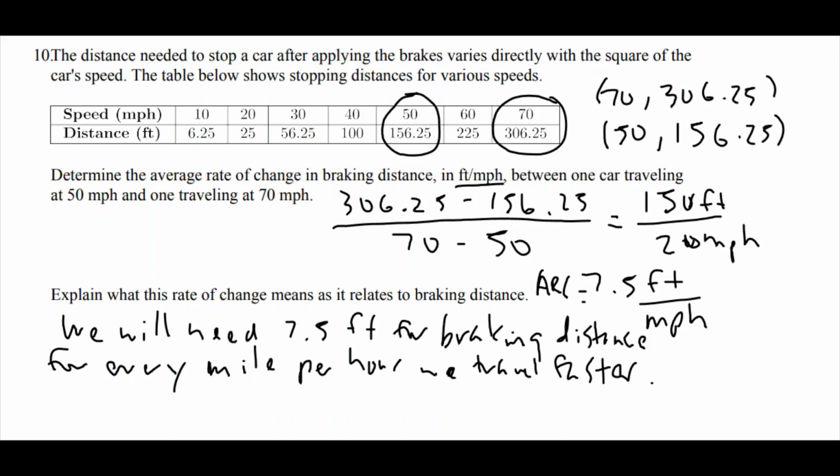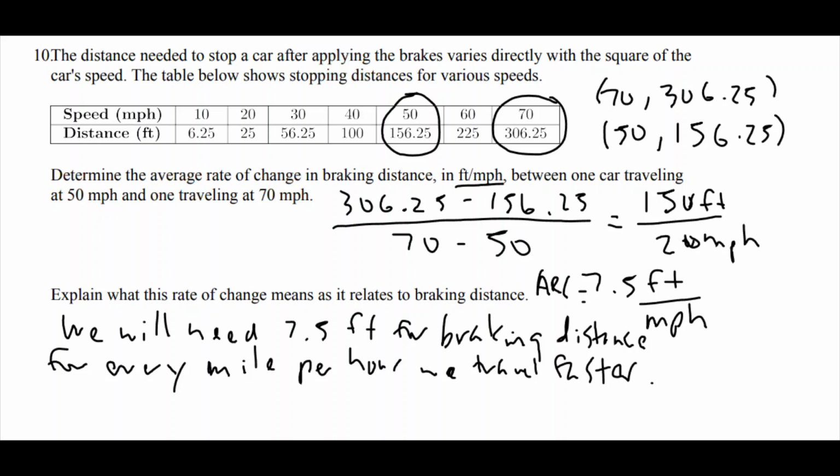Okay, so the average rate of change of 7.5 feet per mile per hour represents how much more braking distance you need as you increase your speed by 1 mile per hour. So it's the average rate of change. That's the interpretation. So we notice that every time you go a little faster, you need an extra 7.5 feet, based upon this average rate of change between the speeds of 50 to 70.